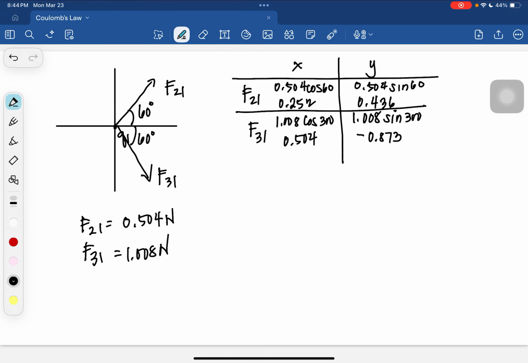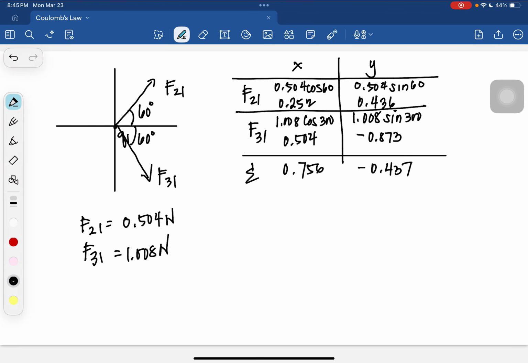Okay, so what do we do next? Same banana. We need to get the summation. So we're getting 0.252 plus 0.504, that is equal to 0.756, and 0.873 minus 0.436, that is 0.437.